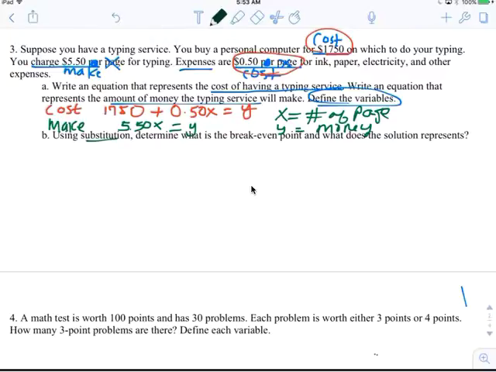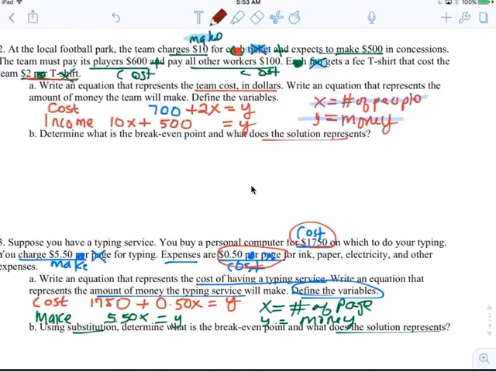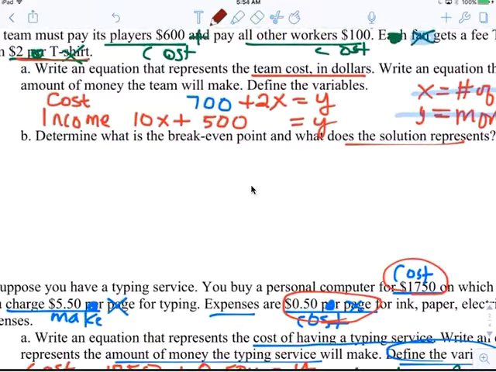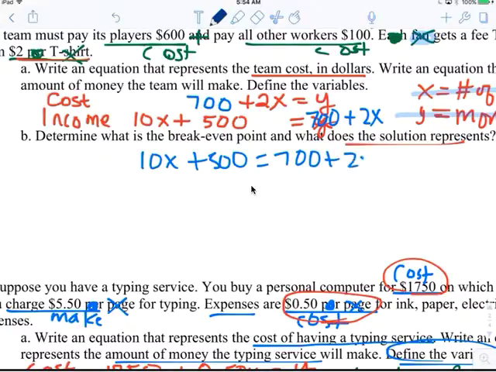Using substitution, what does the solution represent? Just in case you guys forget what substitution is, you got this problem, so you're going to replace this here with 700 plus 2x, and then you solve that: 10x plus 500 equals 700 plus 2x.